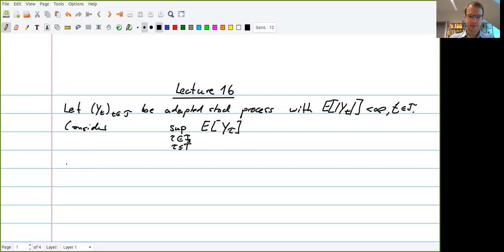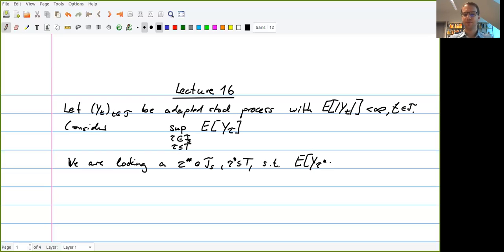So our aim is looking for a stopping time, let's call it tau star, which is a stopping time, as I said, and of course should fulfill also the condition that it is finite, in this case less or equal than T, such that if I stop the process Y at this stopping time tau star, it attains the supremum.